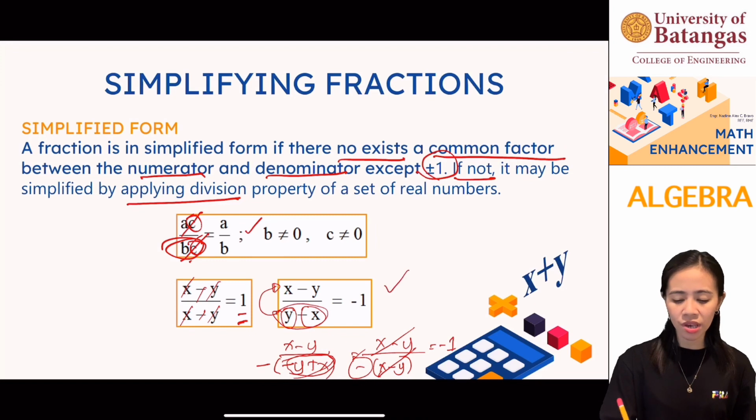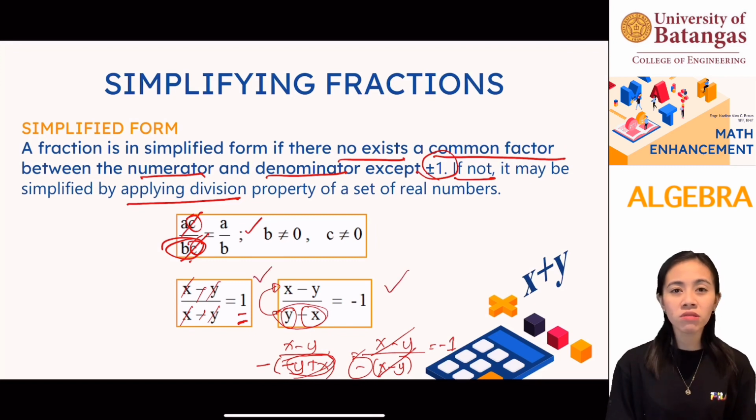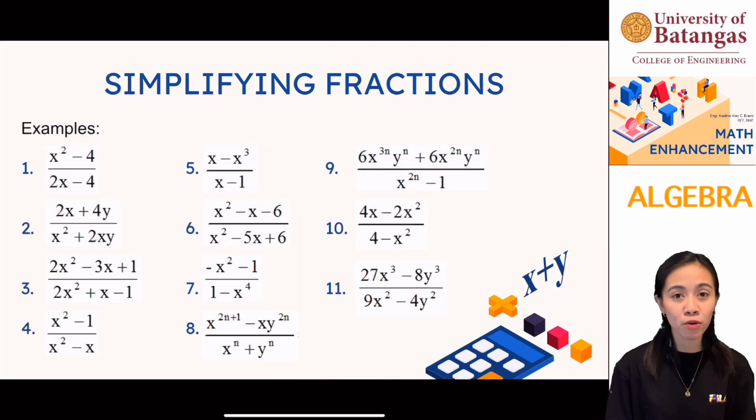So in both cases, those two are already in their simplest form, so long as there are no common factors appearing in both the numerator and denominator. Then the fraction is already simplified. Okay? So let's have examples for the simplifying of fractions.